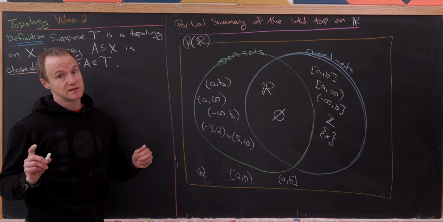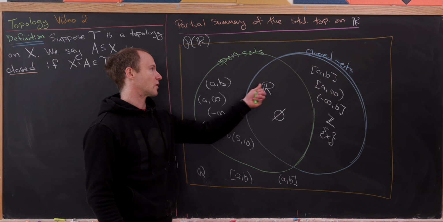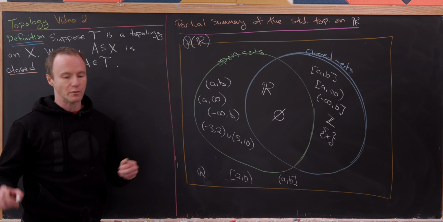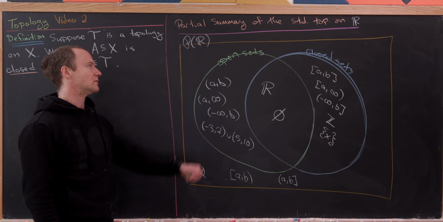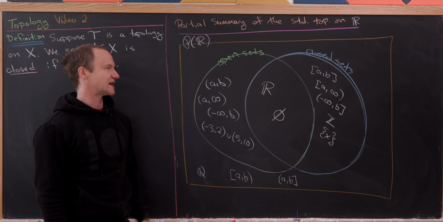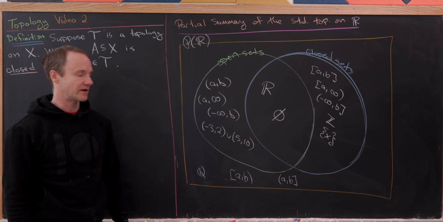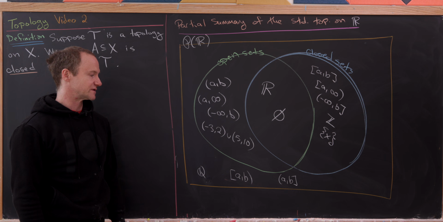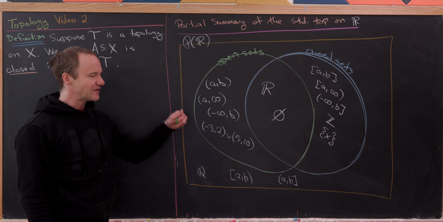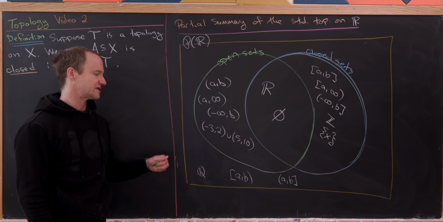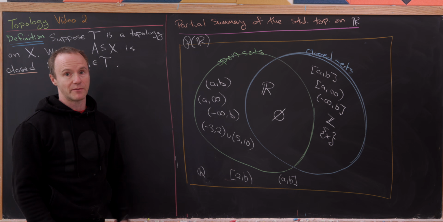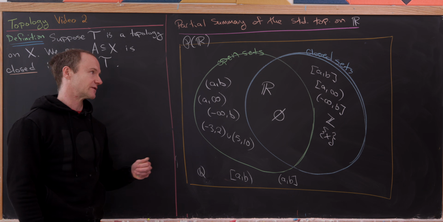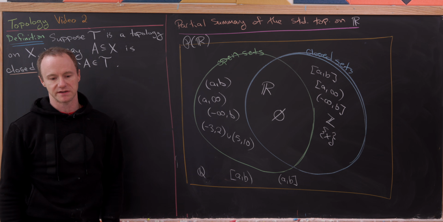Well, sneakily, perhaps there's no more examples that are both open and closed, but we'll get to that later. But there are most definitely more examples of open sets and more examples of closed sets than we have here on the board, and more examples of neither sets. But I think maybe to build an intuition, this is a good place to start about thinking of types of subsets of real numbers in these categories.